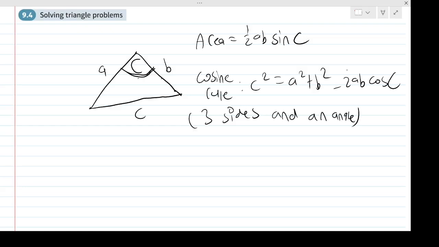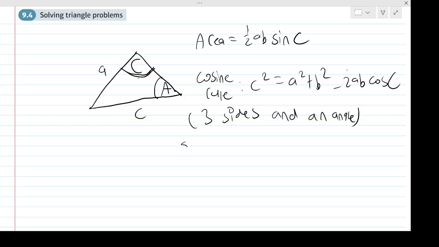What if I have this other angle here, I'll call it capital A, because that's the angle opposite the side, little a. In this case, if I get rid of this b, I don't need it, I can use the sine rule to work out these angles or sides.